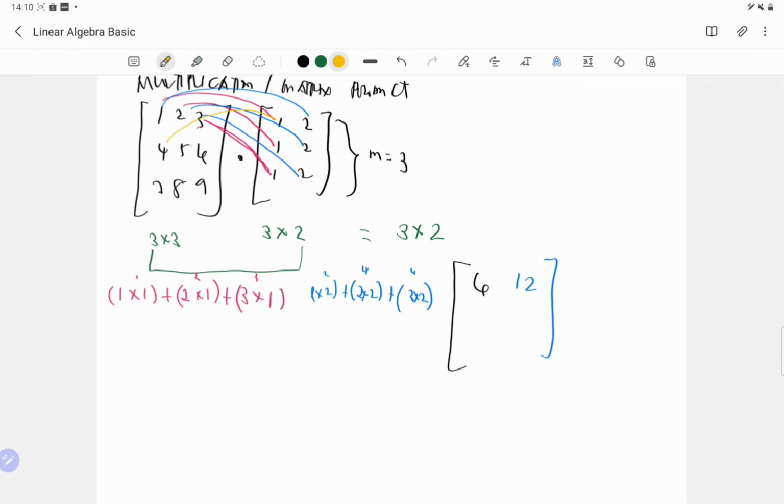Let's go to the next one. Here, here, here. 4 plus 5 plus 6 is 15. Again, sorry, it's a bit messy already. 4 times 2 plus 5 times 2 plus 6 times 2.